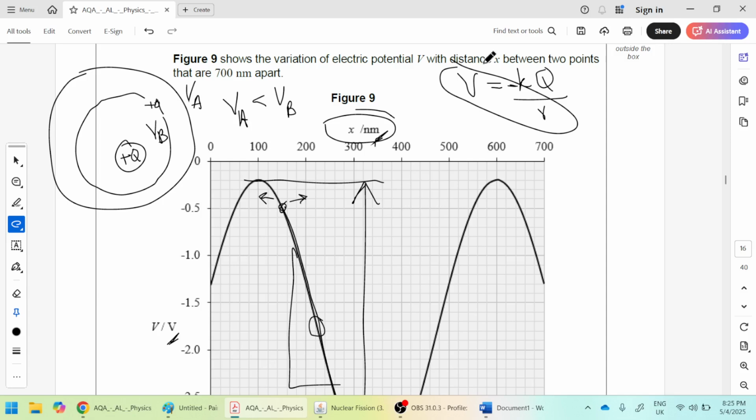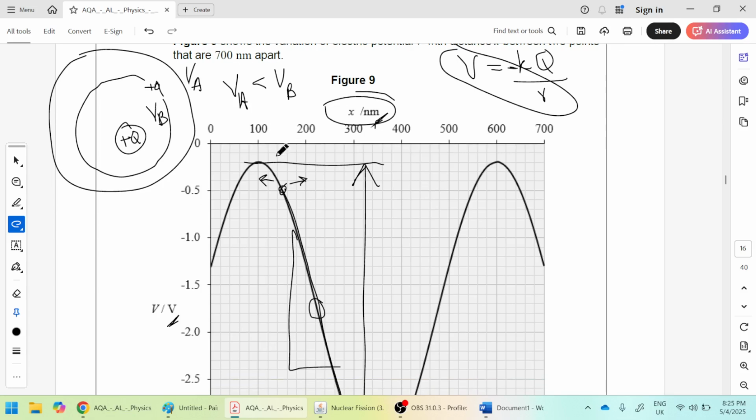That doesn't work for me, because I know that the positive charge will move that way towards a lower magnitude. But what the examiners are trying to say here is that the negative charge, the electron, will also move over there. So my current understanding doesn't tell me why it will move this way.